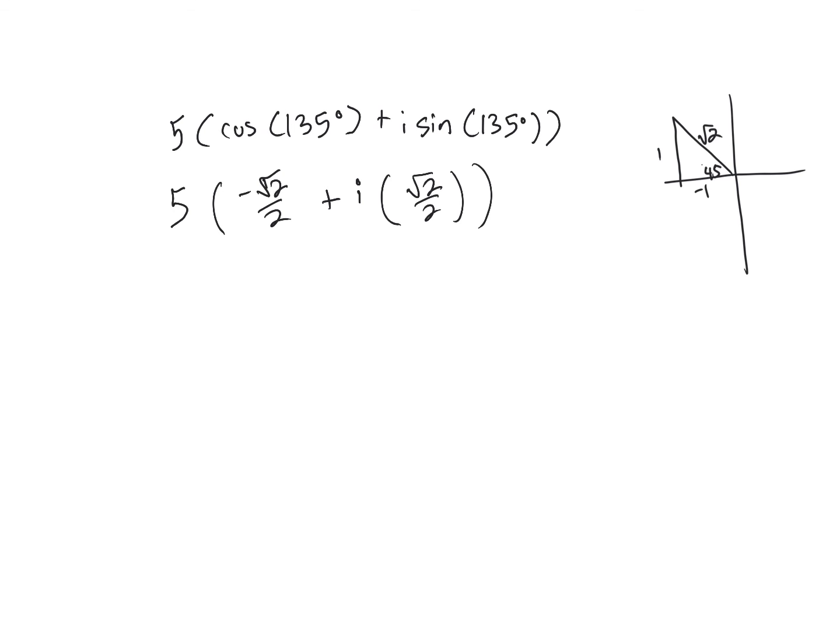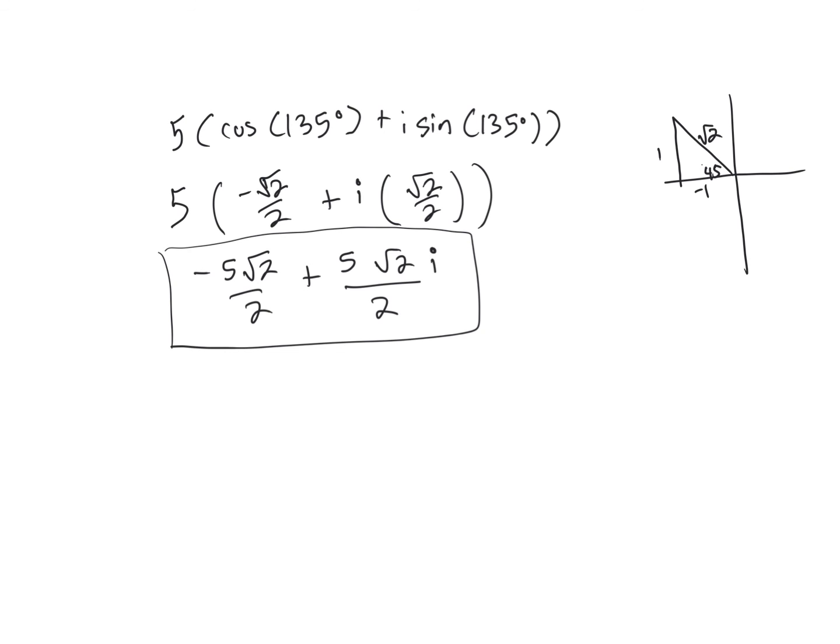I'm going to distribute my 5, so it's negative 5 root 2 over 2 plus 5 root 2 over 2 i. And that is my standard form from the angles. And if I were to graph it, it is right there.